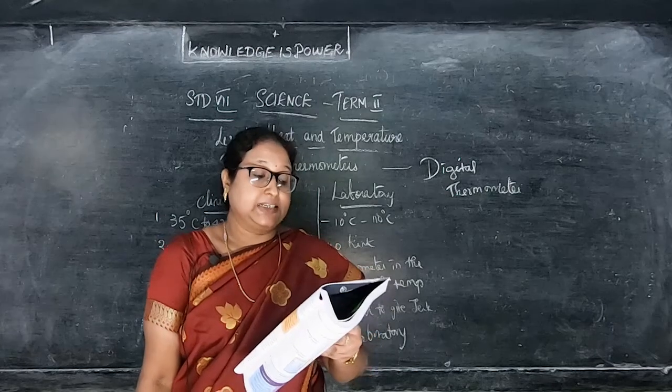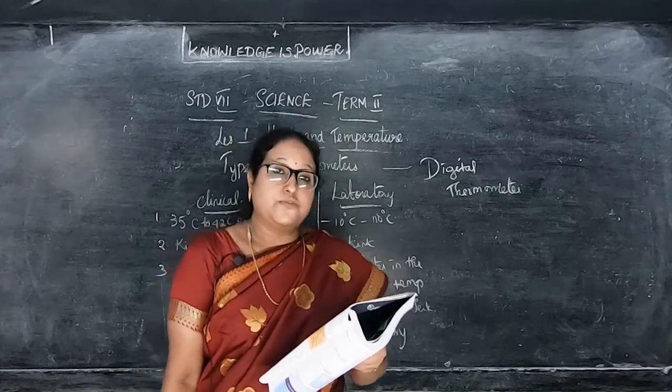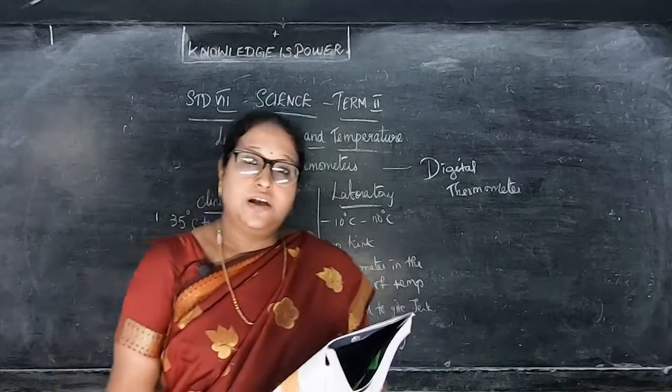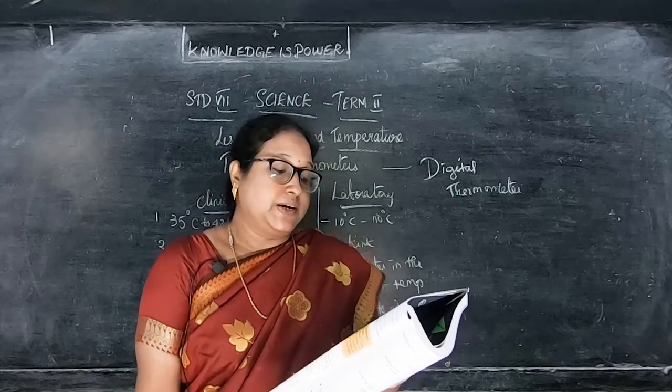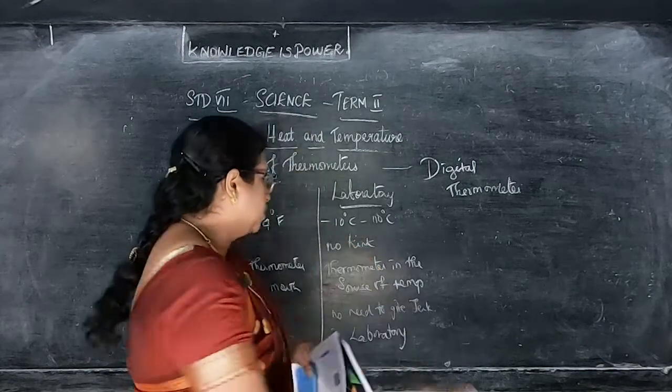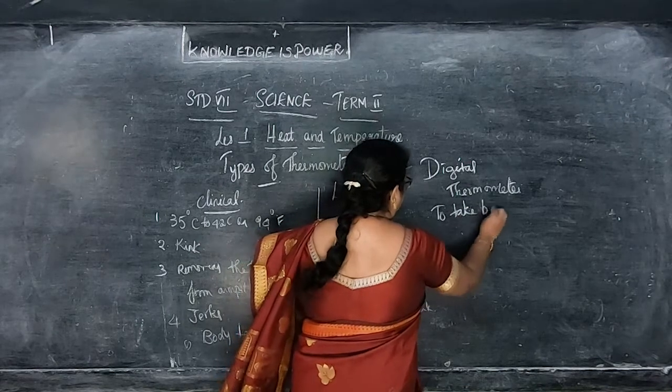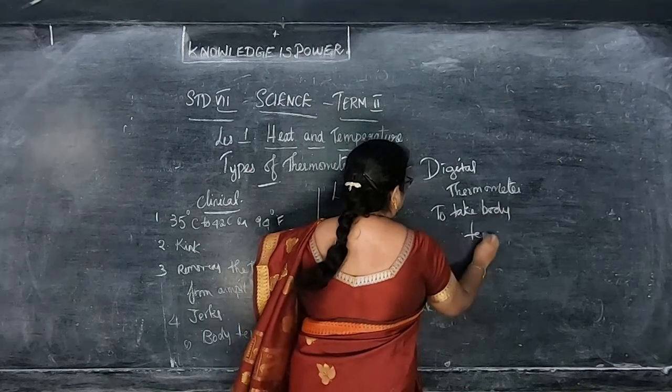Instead, it has a sensor which can measure the heat coming out from the body directly, and from that it can measure the temperature of the body. Digital thermometers are mainly used to take only the body temperature.